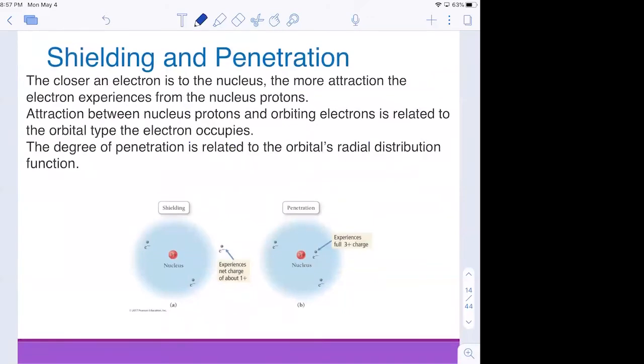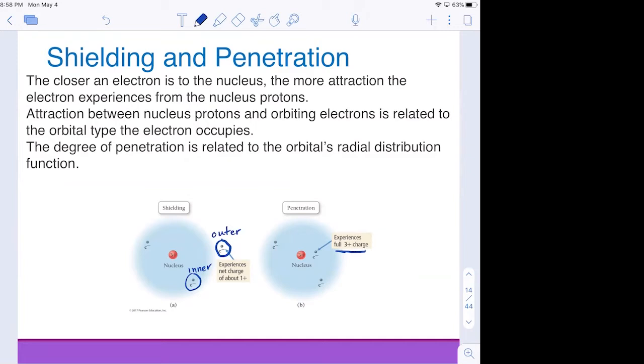With shielding, there comes what we call penetration. Now again, there's that shielded outermost electron, and here's the inner electron that is effectively shielding. Now, what could happen is that outer electron could come inside and experience more attraction.